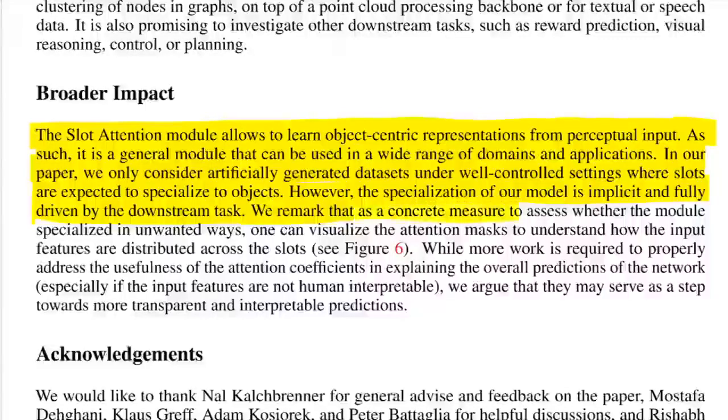We remark that as a concrete measure to assess whether the module is specialized in unwanted ways, one can visualize the attention masks to understand how the input features are distributed across the slots, while more work is required to properly address the usefulness of the attention coefficients in explaining the overall predictions of the network, especially if the input features are not human interpretable. We argue that they may serve as a step towards more transparent and interpretable predictions.